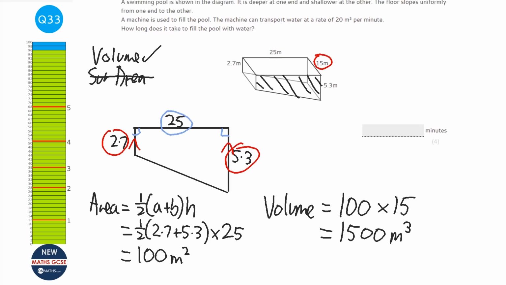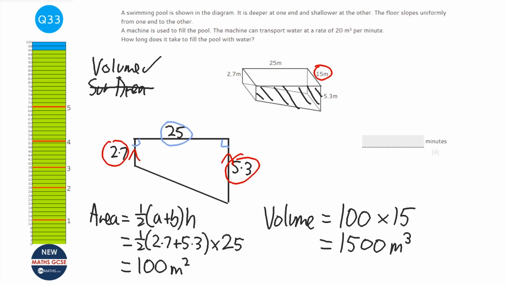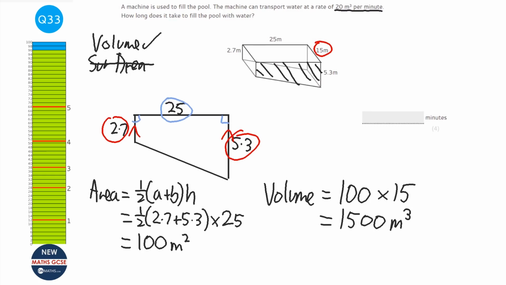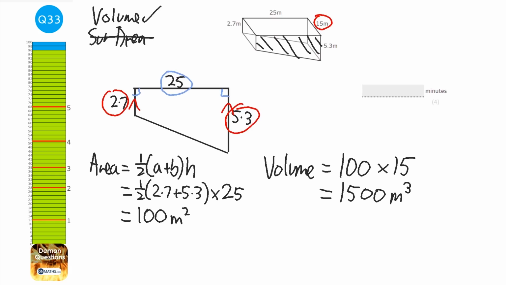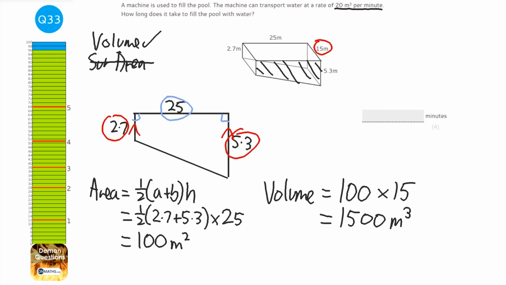So that's what the volume is, and it says the machine transports the water at a rate of 20 meters cubed per minute. So in 1 minute it's going to be 20, in 2 minutes 40. The other way of thinking about this is how many 20s are there in 1,500? So we can say time equals volume over rate.